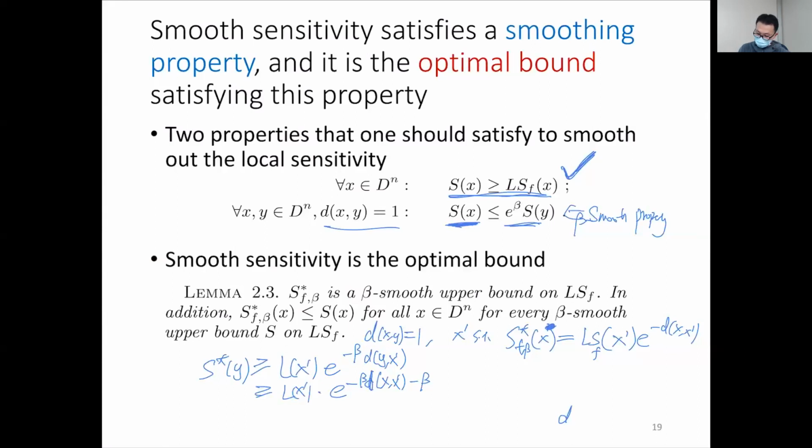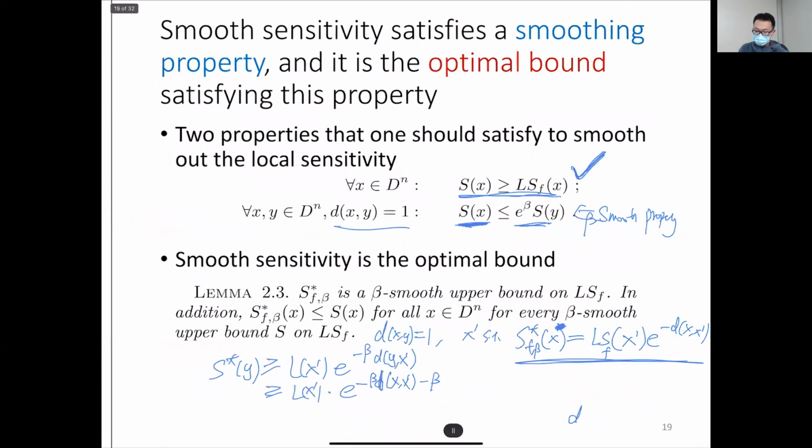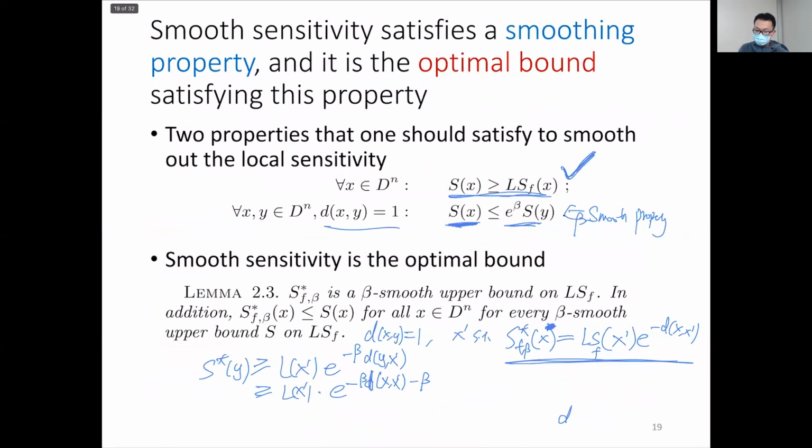Using the fact that by our definition, this x prime is the one that achieves the argmax. So we are making this assumption that we take this particular x prime such that x prime attains the argmax. So they're equal.